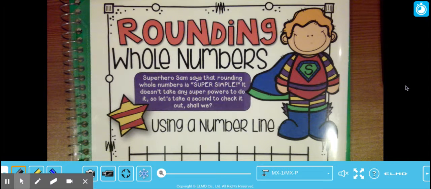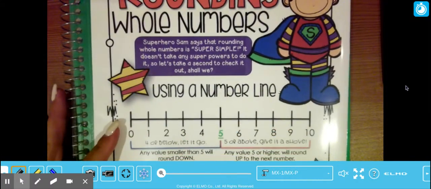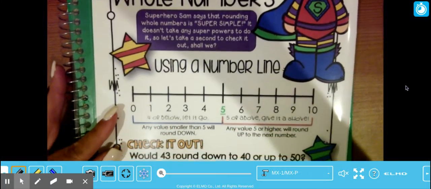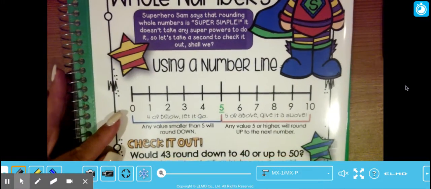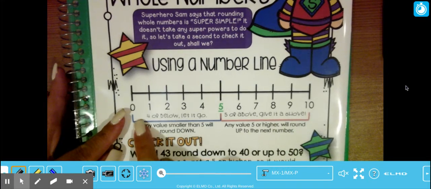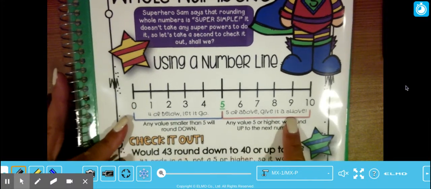Hi, boys and girls. Today we're going to be talking about rounding whole numbers. So let's check it out. Let's take a look at this guy right here. If we were using a number line and we were looking at the digits between 0 and 10, there's a little poem that I like to remember.